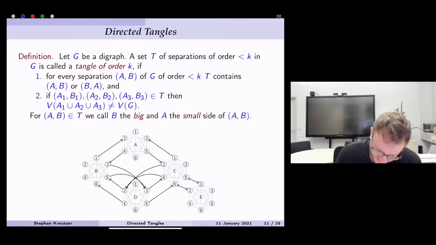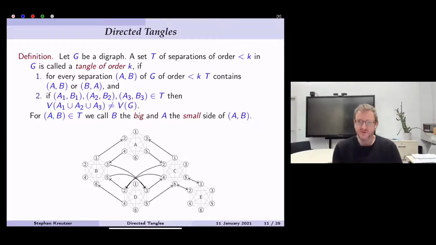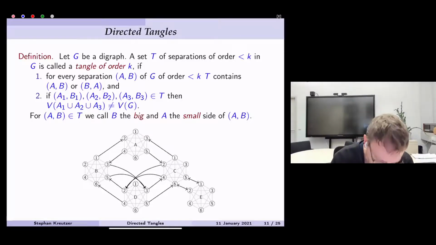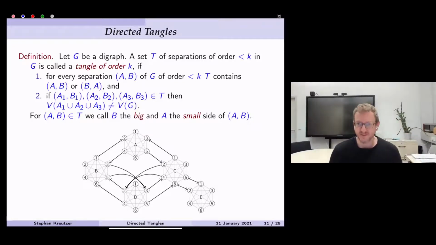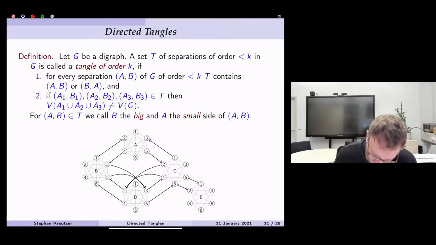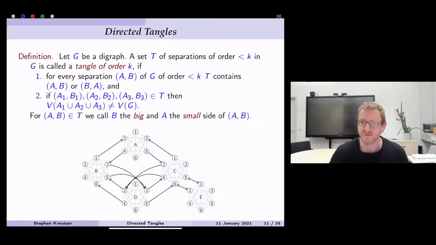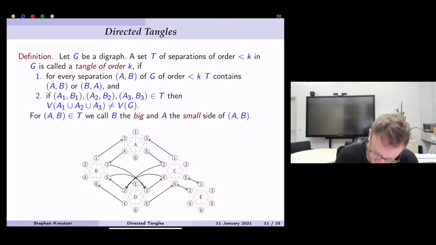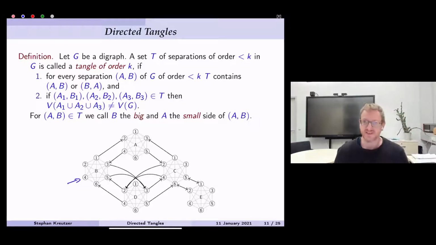Okay, that's a tangle. And here, let's have a quick example that we pop up time and again in the next few slides. What I mean by this drawing is that each of these things is supposed to be some maybe large clique, something big, that would define a tangle, and then they're connected like this. For instance, if you look at B, we want to define this as a tangle.